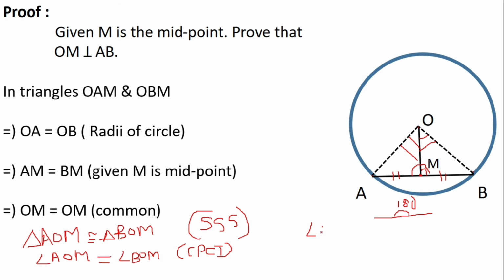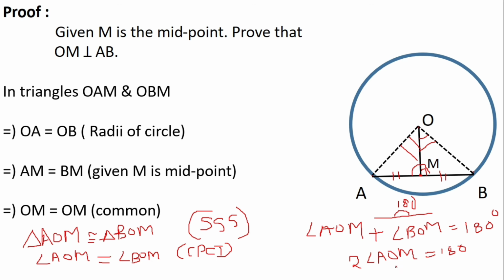The angle AMO plus angle BMO will be equal to 180 degrees. And we have proved that these two angles are equal. So twice of angle AMO will be equal to 180 degrees.